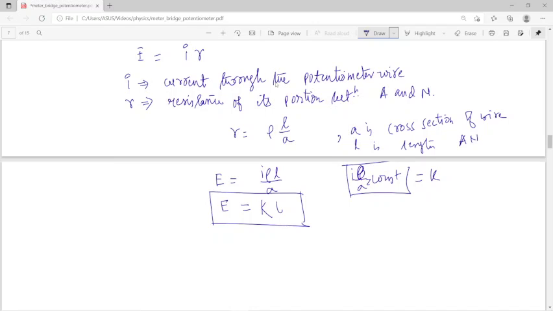Now the thing is, the potentiometer will give you more accurate results, because when you are measuring the resistance or EMF through a potentiometer, no current will be flowing through the circuit. You are measuring when no current is flowing through the potentiometer, and if no current is flowing, there is no error.